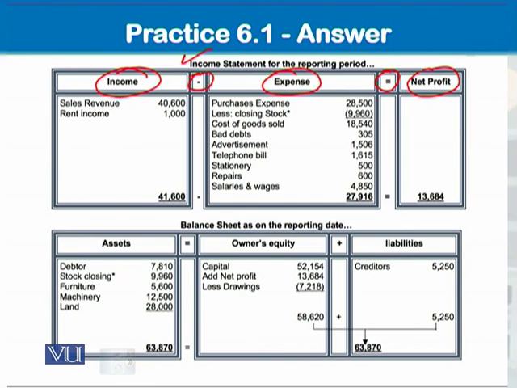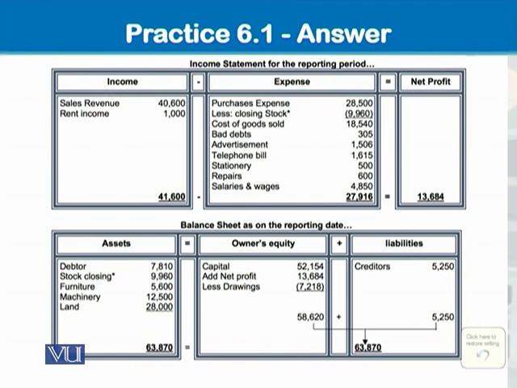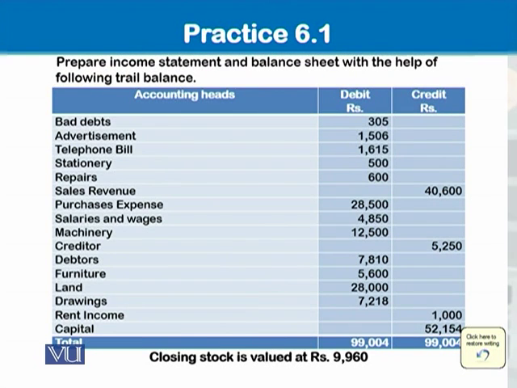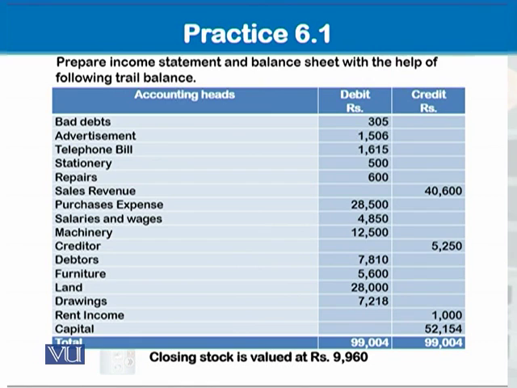One thing that we have already worked out in our trial balance is that we have identified incomes and expenses. This is our income. You can put I with this, and this is our income. You can put I with this.